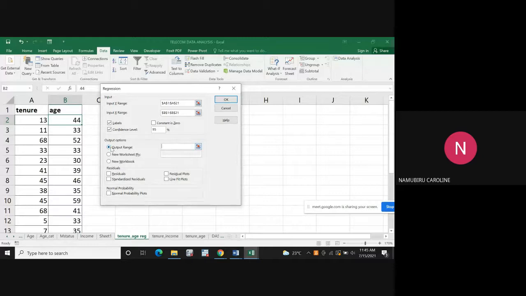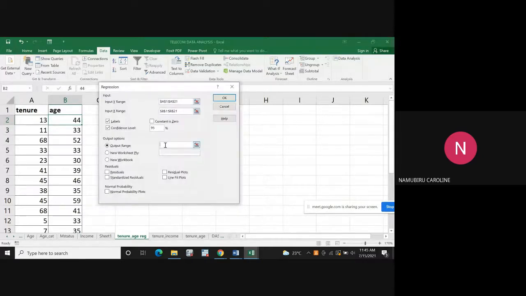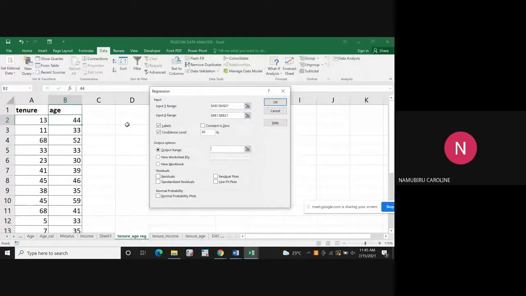So the moment you click on the output range, click in the adjacent cell, and then click in any empty cell in your worksheet. You can click in C1, D1, you can click in J4, but let me put mine in D2.